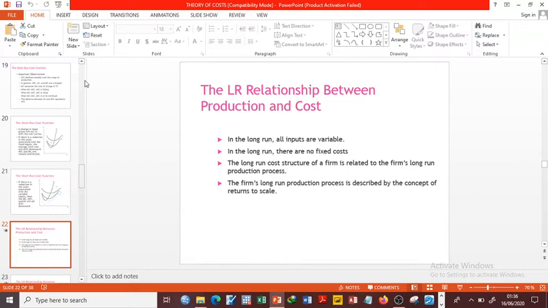In the long run, we only have variable inputs, meaning that if it is the number of workers, we can keep on changing the number. And if, for example, it is the rent, in the short run it will not change because it is a fixed cost. But in the long run, it could change.